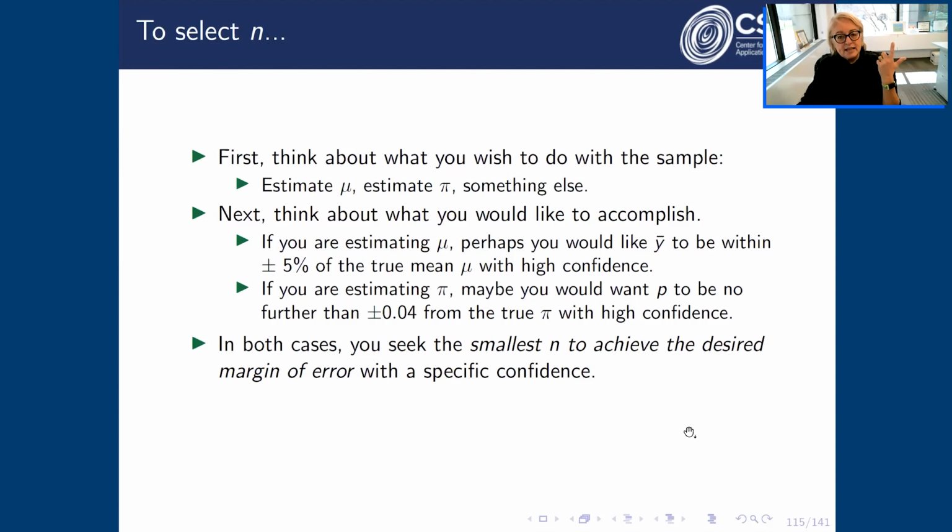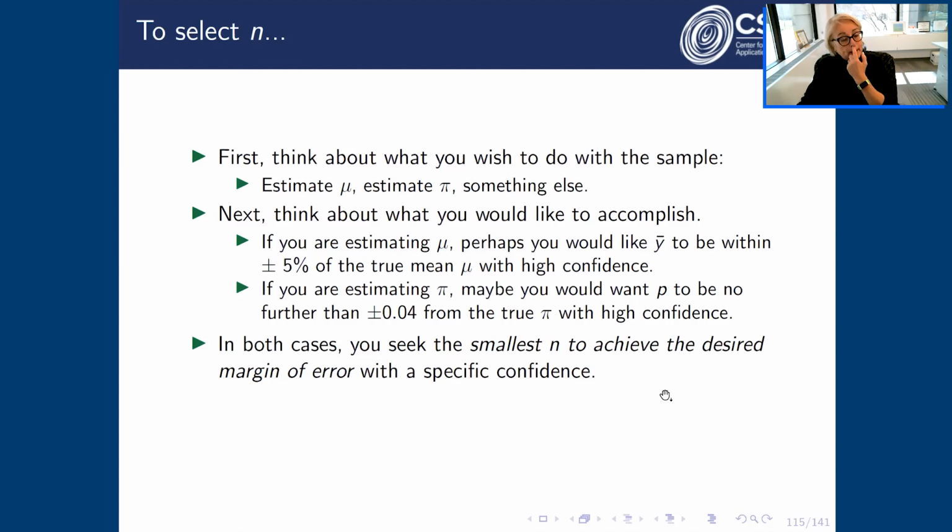The second thing is, what is it that you want to accomplish? If you were thinking about what's my ideal sample size, what do we mean by ideal? Perhaps if you're estimating a population mean, you would like your sample mean to be within, let's say, 5% of the true mean with high confidence. Or if you're estimating a population proportion, maybe you want your sample proportion to be no further than, let's say, 0.04 from the true pi with high confidence.